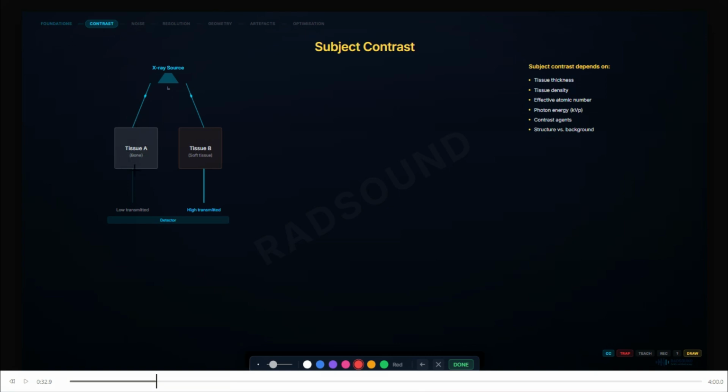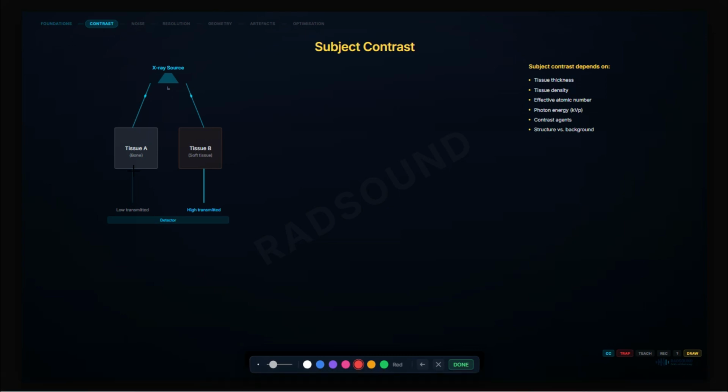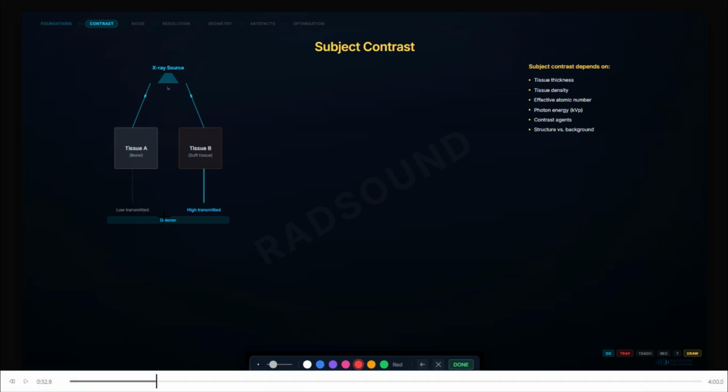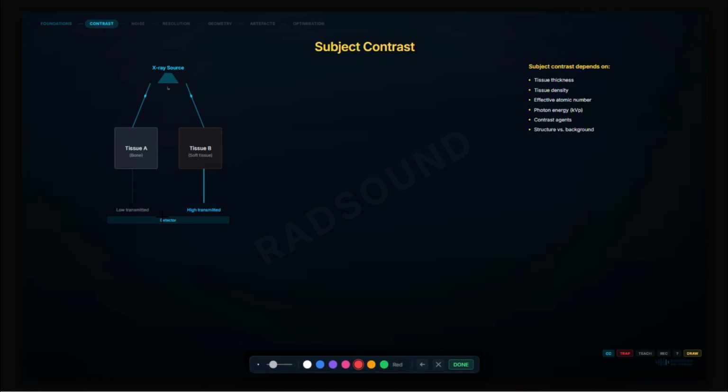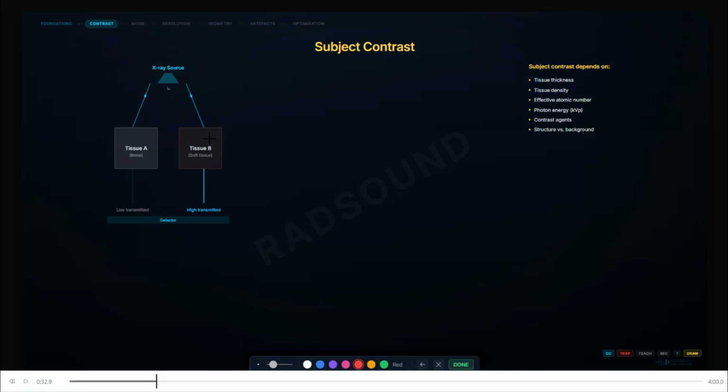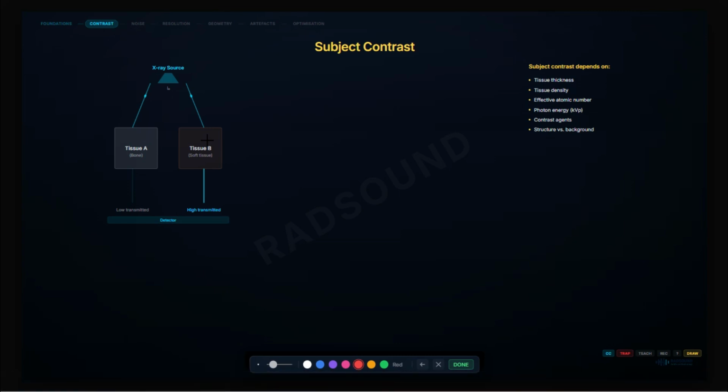Only a small amount, like 5 to 10% or less, will be transmitted and reach the detector. Remember, we have secondary photons. Secondary means scattered photons, which take a wrong position and misrepresent part of the body. Whereas tissue B is soft tissue, where almost 65% will pass. So there is higher transmission in soft tissue than bone than iodine. So that difference in the attenuation capacity of the body parts gives the subject contrast.